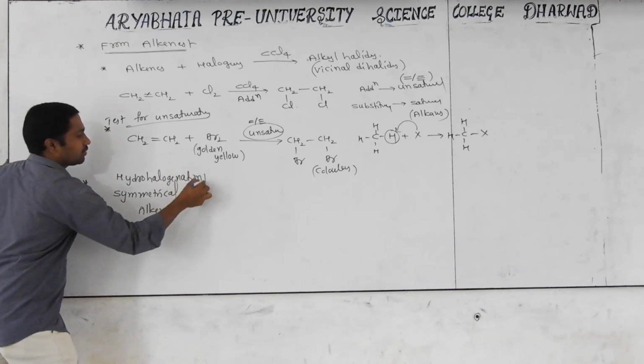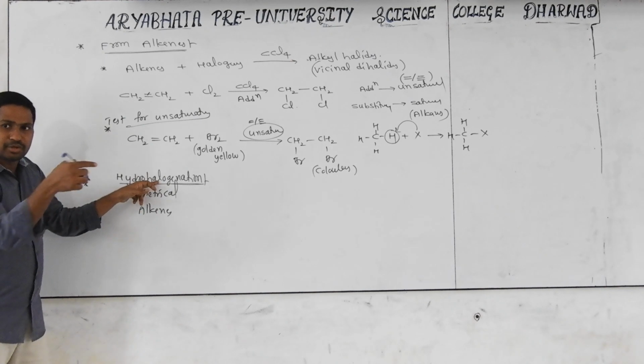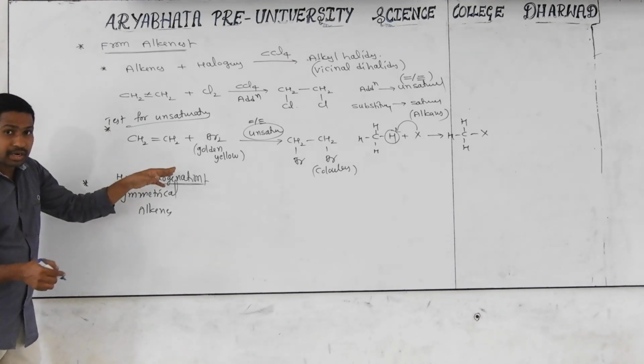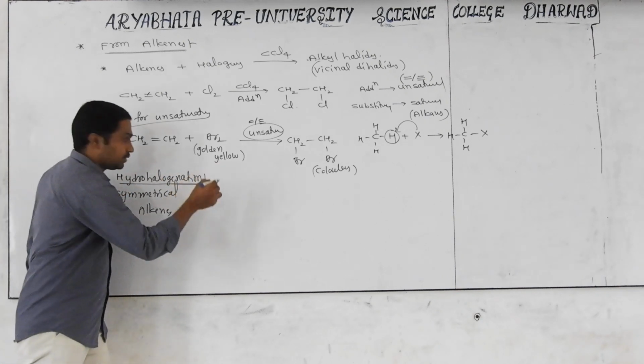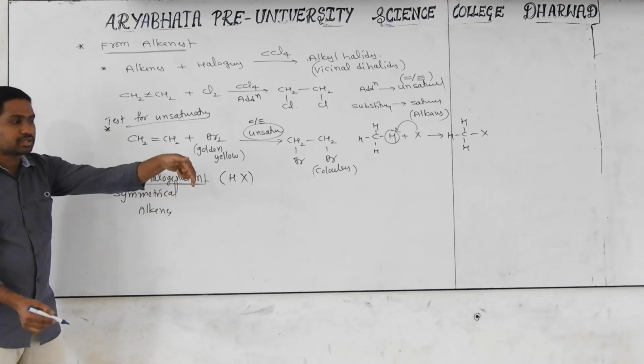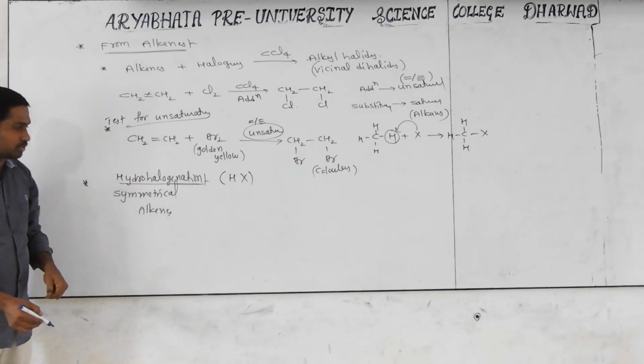Nice concept, I have to understand it very carefully. Halogenation means introducing a halogen. Hydrohalogenation means both hydrogen and halogen are introduced. Introducing an HX particle into a given organic compound is called hydrohalogenation.